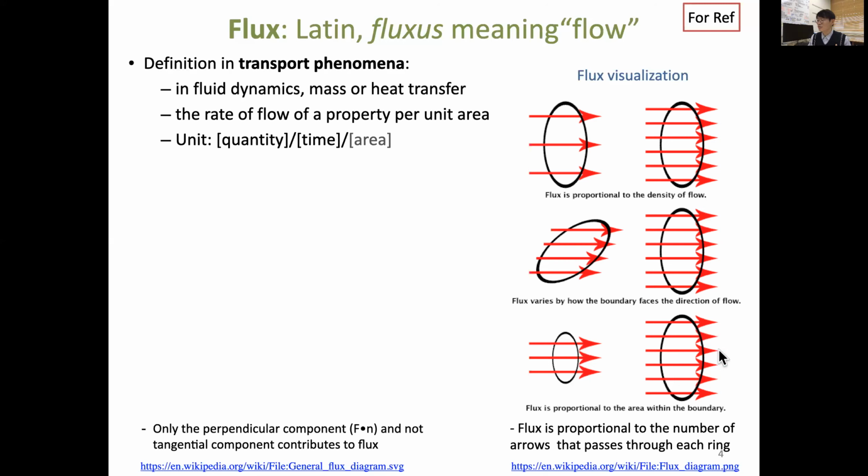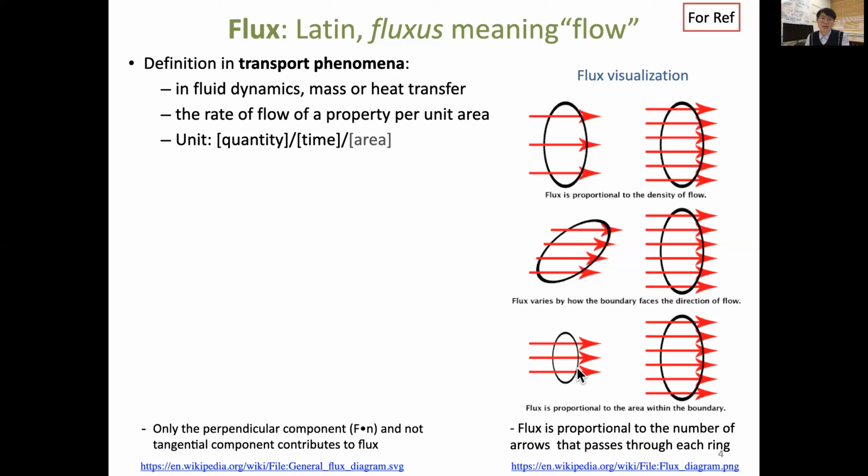But this last one is a little problematic because I defined flux as the quantity per unit time per unit area, so this one doesn't match too well. But if we are interested in how many photons are passing through the ring, this is how we can think of it.